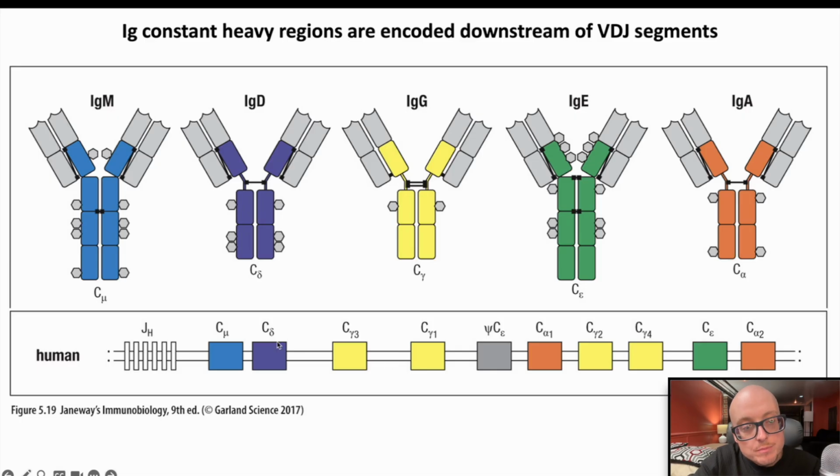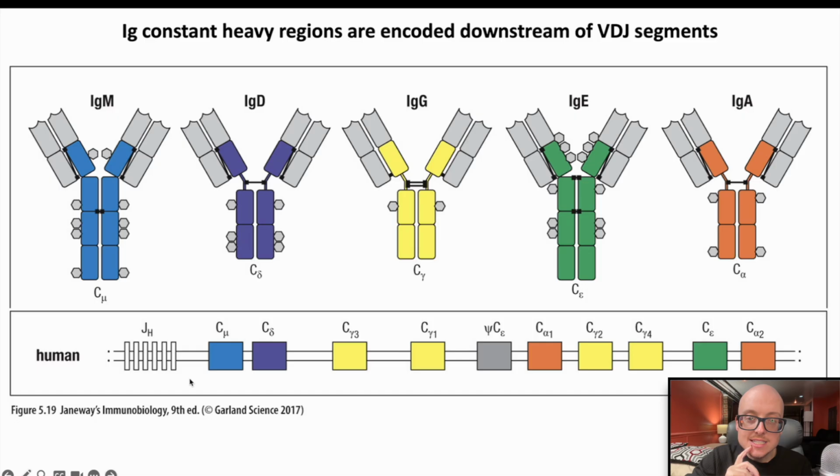And what I want to point out to you, I said that IgM and IgD are co-expressed by naive B cells, and the reason that they are co-expressed and the other isotypes are not yet expressed is because the exons that encode the constant segments associated with IgM, we call that region constant mu or C mu, and those exons that encode the constant segments of IgD, which we refer to as constant delta, are immediately downstream of the J segments in the heavy chain locus.